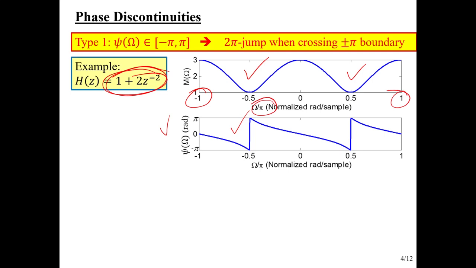Remember, I like to normalize my discrete time frequencies by pi, so I get these nice mile markers. Otherwise, MATLAB doesn't put nice mile markers at pis and half pis and quarter pis and things like that.